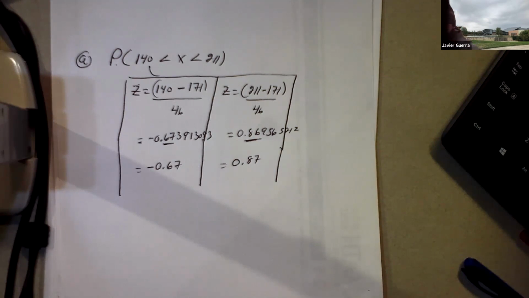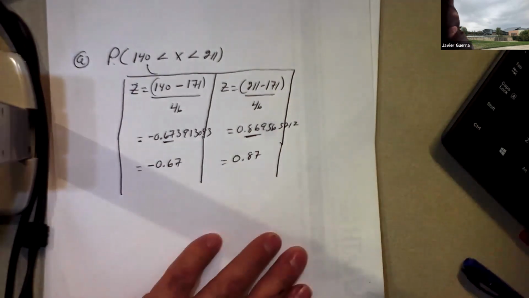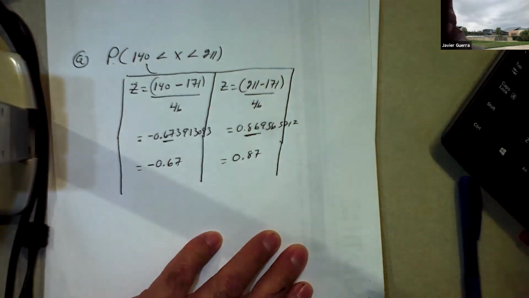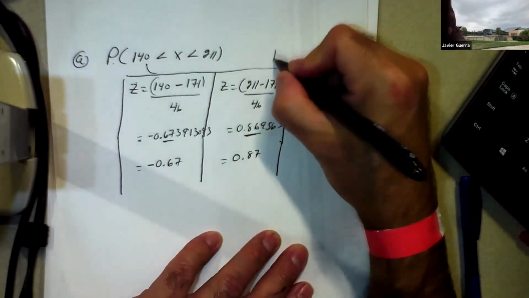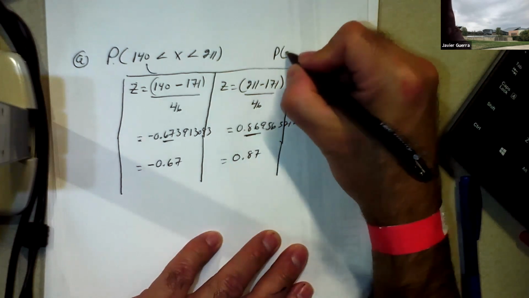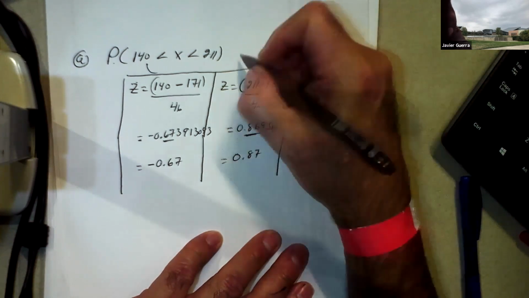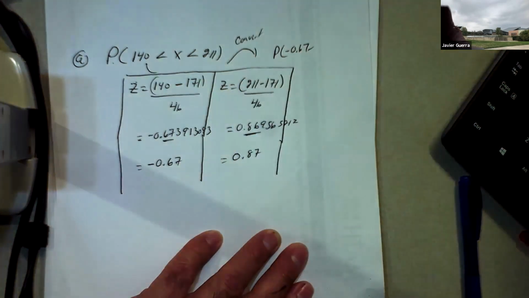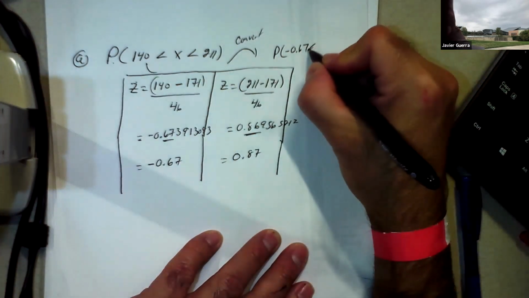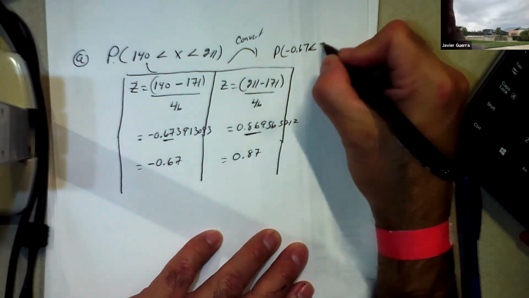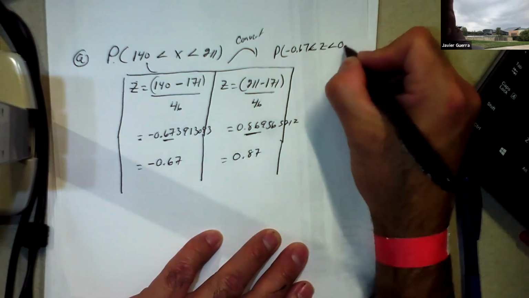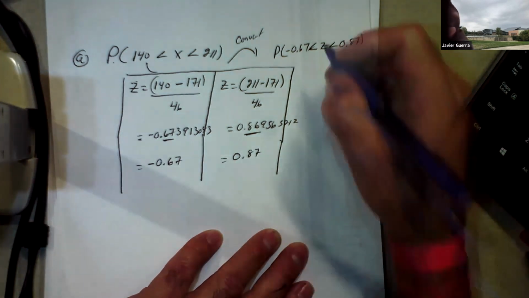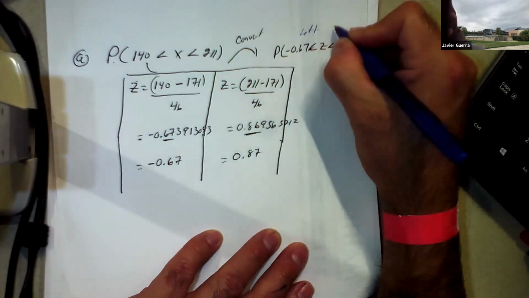Wait, I made the boxes too big. I'm going to find the probability of negative 0.67. I didn't put convert. Left.